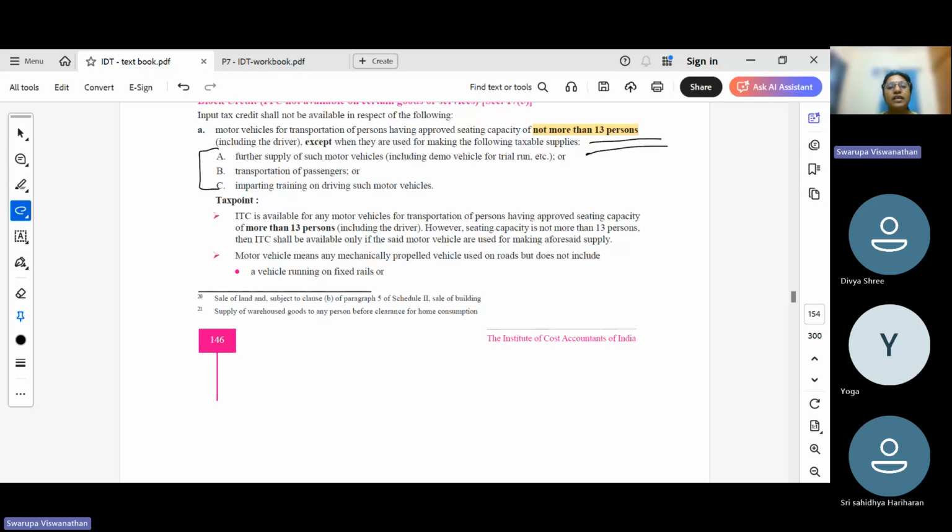For imparting training, if I am using the car for my driving school, then credit is allowed. For transportation of goods, credit is allowed. Okay, only in these cases credit is allowed: further supply, transportation of passengers, and imparting training.